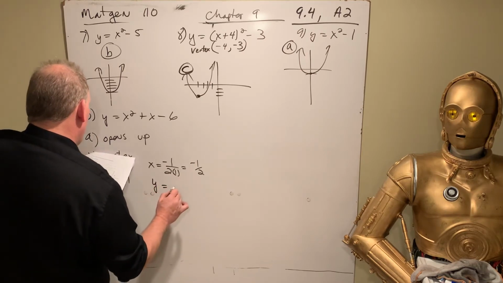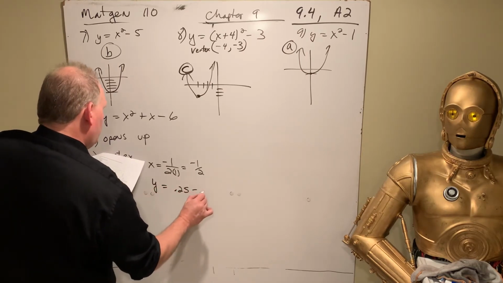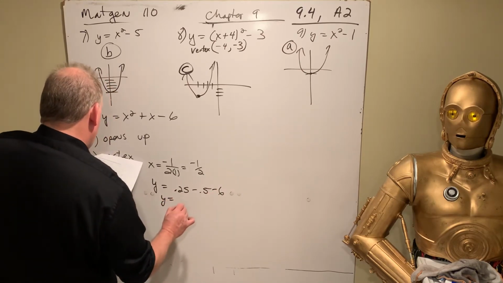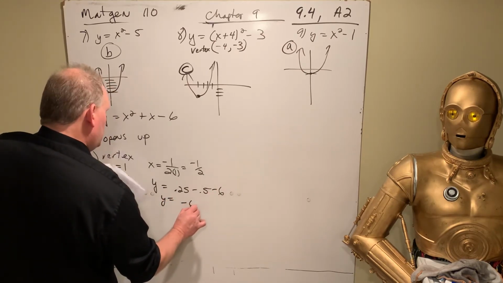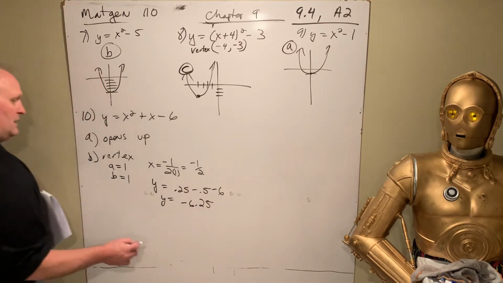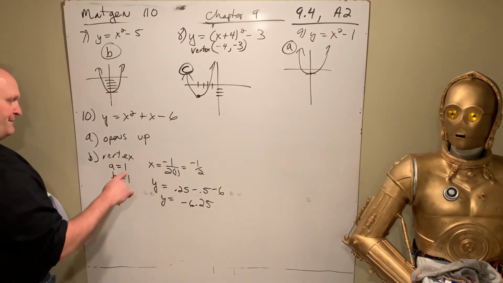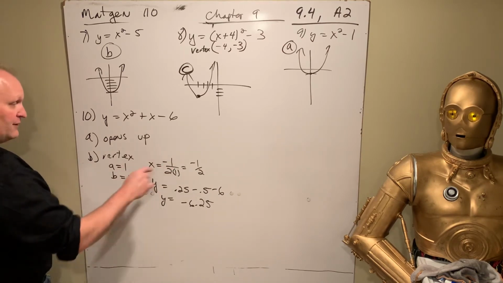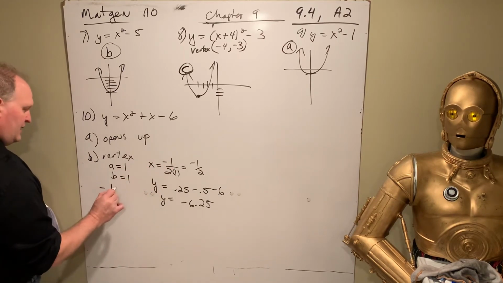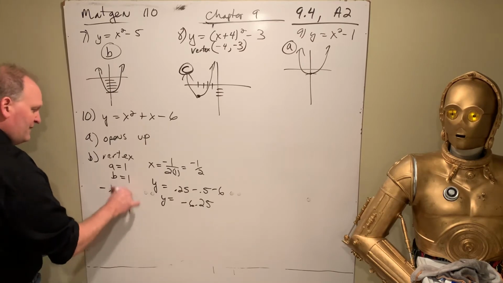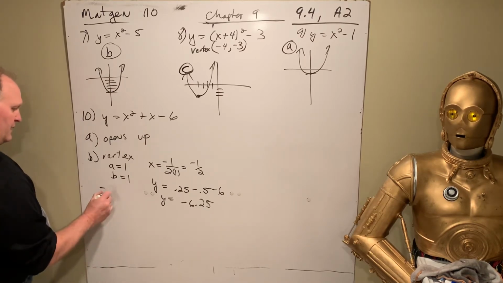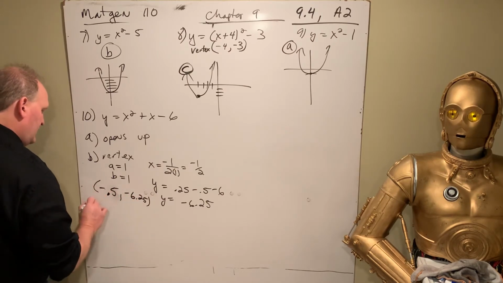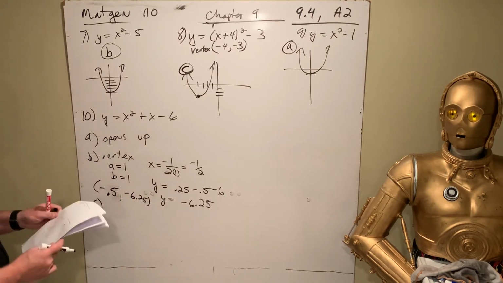And that gives me 0.25 minus 0.5 minus 6. And that is -6.25. So our vertex is weird. -0.5, we'll call it -0.5, comma, -6.25.